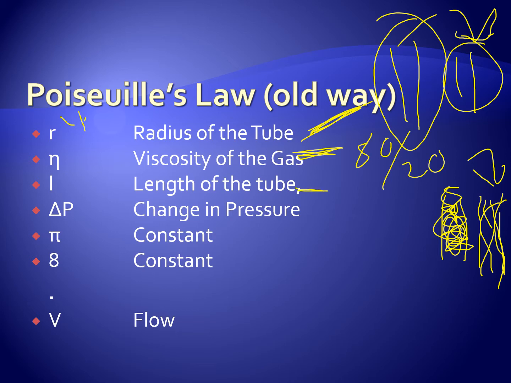The length of the tube is also something we could change, especially when we go from an endotracheal tube to a tracheostomy tube. We go from a very long tube to a much shorter tube, and in fact, a lot of times that's where we put a trach in a vented patient.